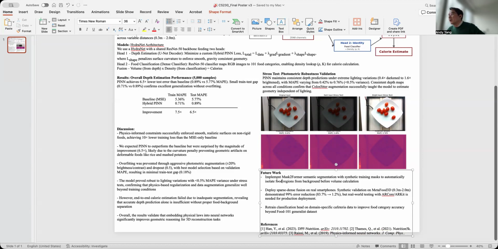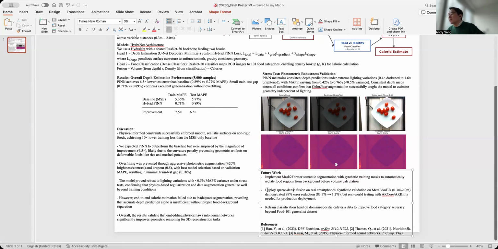Right now, the segmentation that I use is only a single segmentation, whereas I will need to implement Mask2Former semantic segmentation to isolate the food from the plate background, and also, when there are several different kinds of food, I need to isolate them too. So that's future work.